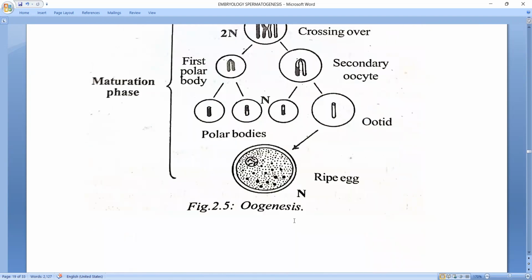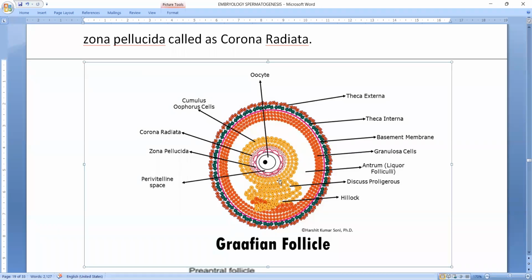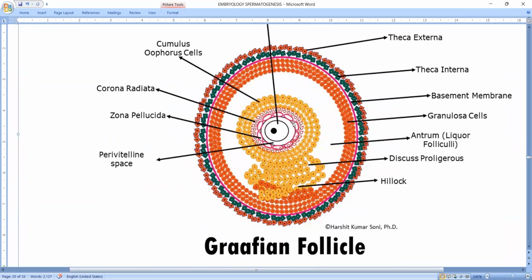So here is the ovarian follicle. This is the egg. Immediately surrounding the egg, the plasma membrane is present. A plasma membrane is present for every cell. And then see this pink color layer.